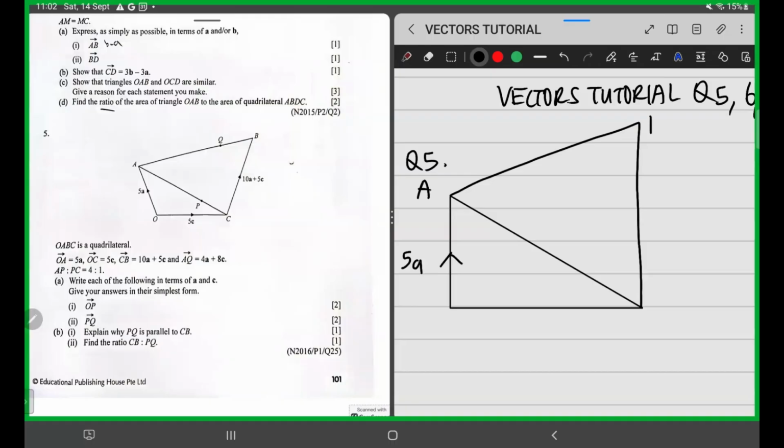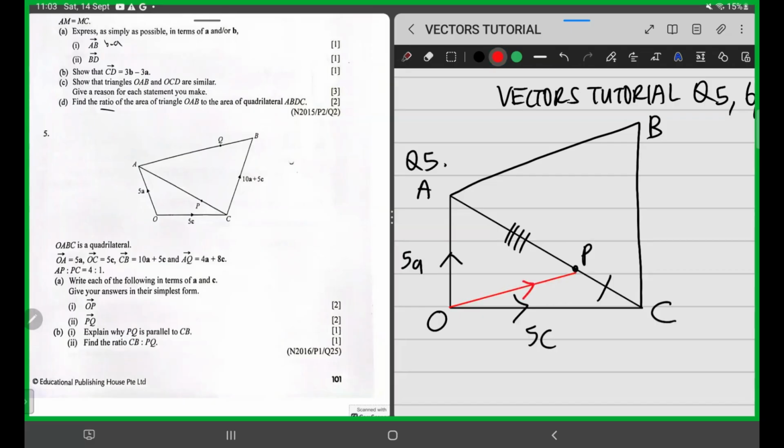So A, B, C, O, and then here is P, where AP to PC is 4:1. So here is 4, and then here is 1. Okay, so they want to find OP. OP is here. They want to find this vector.